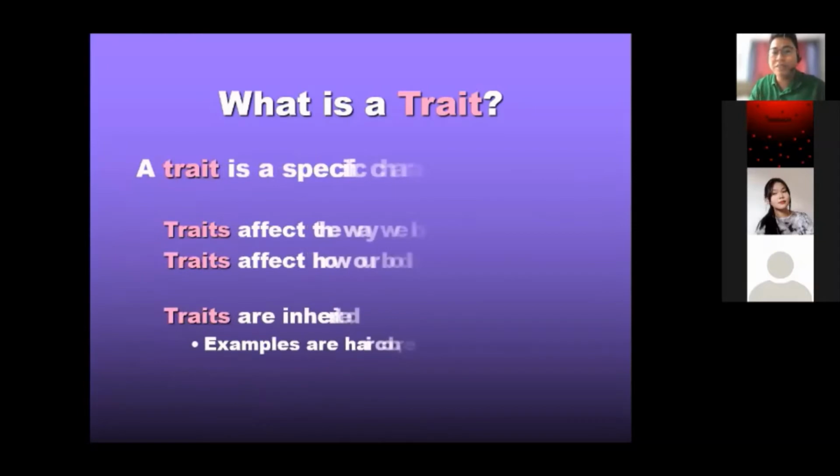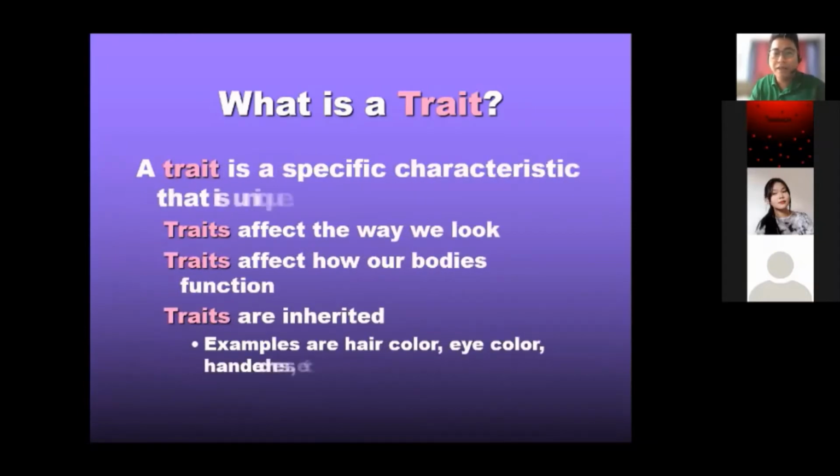So a trait is a specific characteristic that is unique. Traits affect the way we look, traits affect how our bodies function, and traits are inherited. Examples are hair color, eye color, handedness, kung left or right-handed ka.